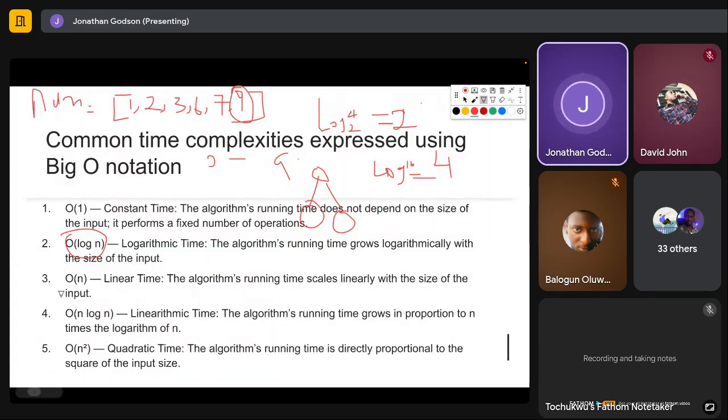Then when the running time is linear compared to the increment of the input size, it is a linear time, which is this. So when you combine this and this, you have O n log n, which is called linearithmic time. For O n square, the naive way of saying it is when you have a nested loop.